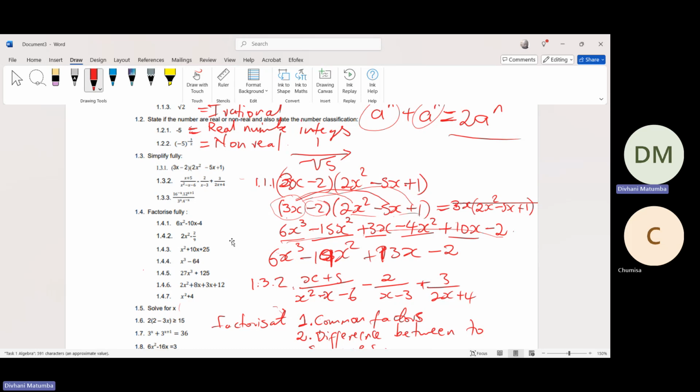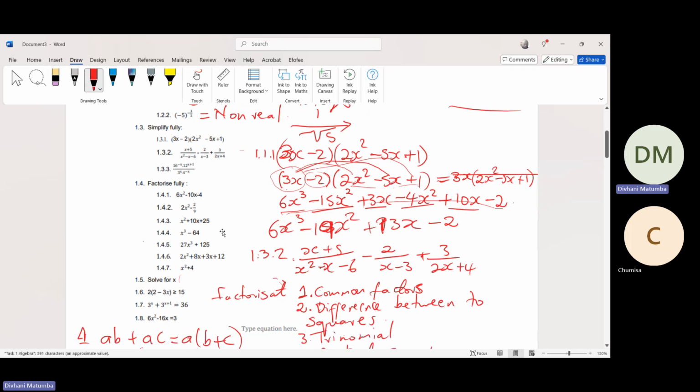Then the second one, we also have factorizing trinomials. You remember? Yes, sir. A trinomial is written in a form of ax squared plus bx plus c.